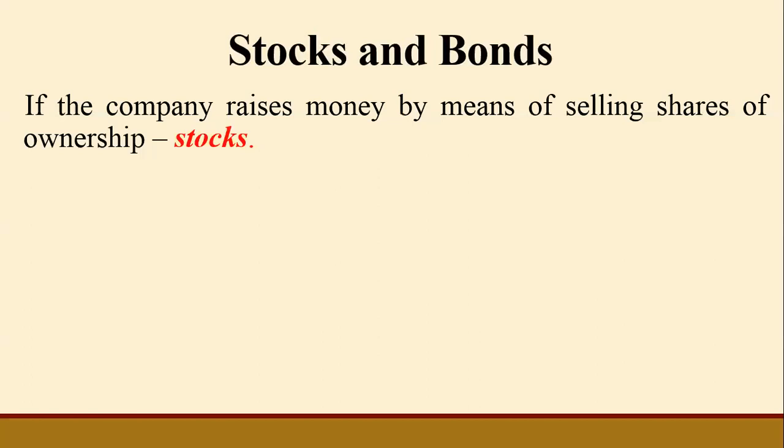Companies can raise money either by borrowing or selling shares of stock to finance operations, plan expansion, and others. If the company raises money by means of selling shares of ownership, these ownership shares are called stocks.